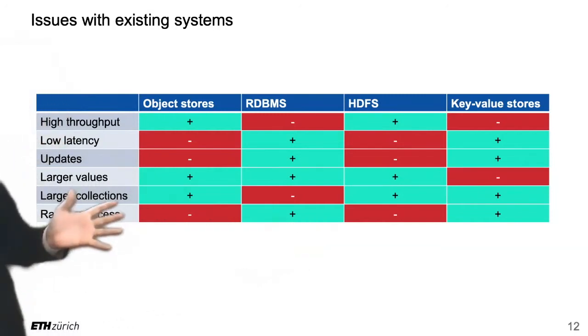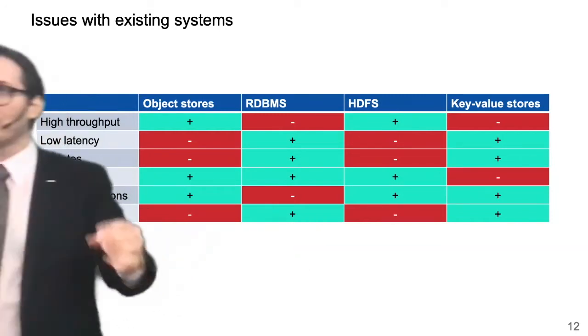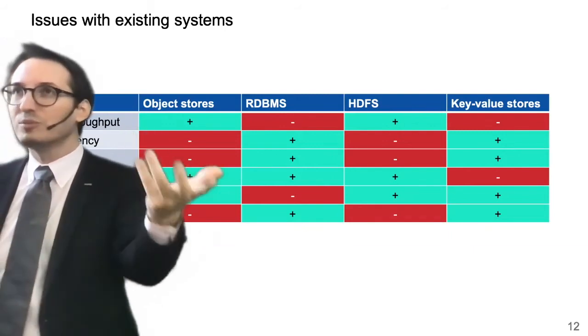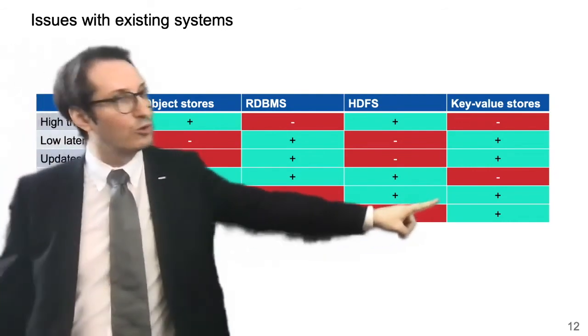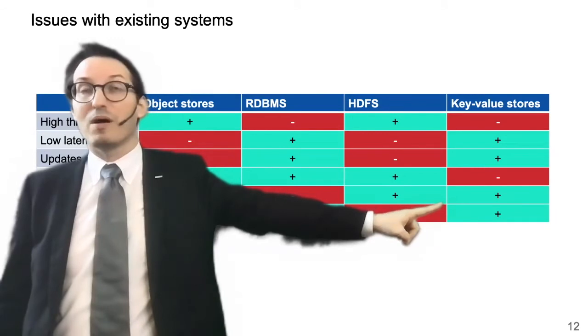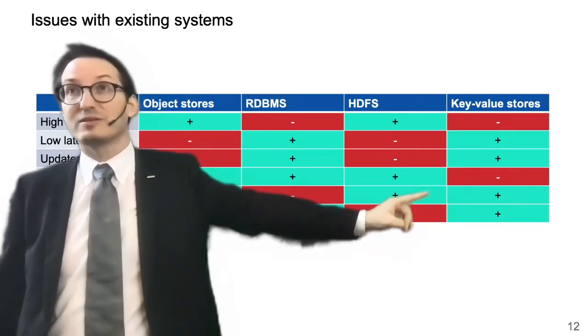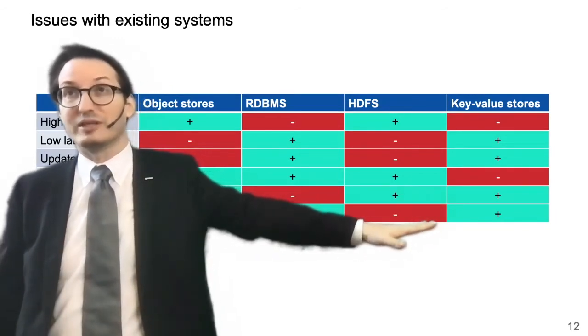So what about key value stores? Well, key value stores do have random access. You can very quickly, in just a few milliseconds, look up a value. You can have larger collections. You can have billions or trillions of values with a distributed hash table algorithm. You can have larger values? No, that's a no here, because we saw that it's 400 kilobytes tops in a key value store in DynamoDB.